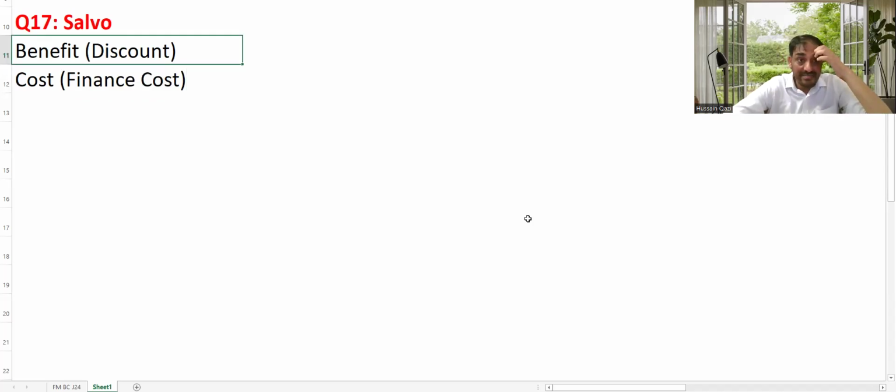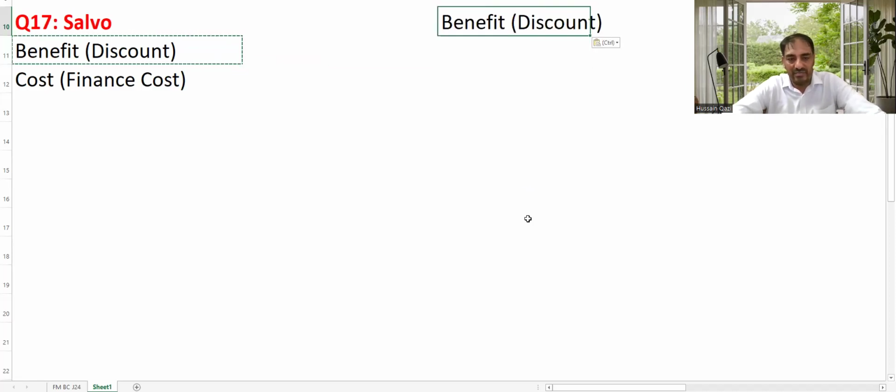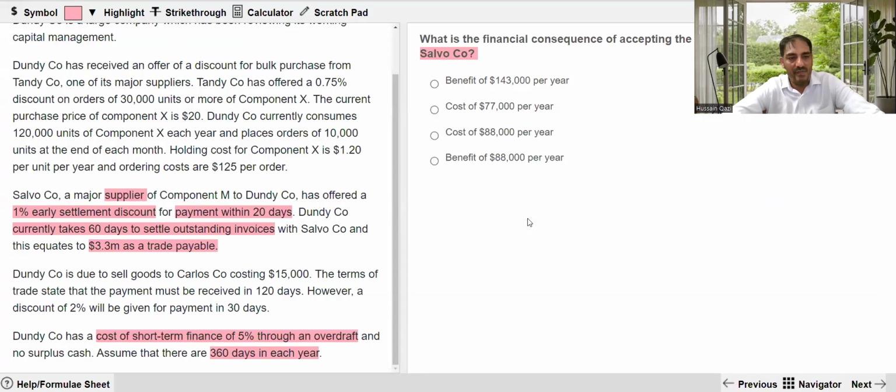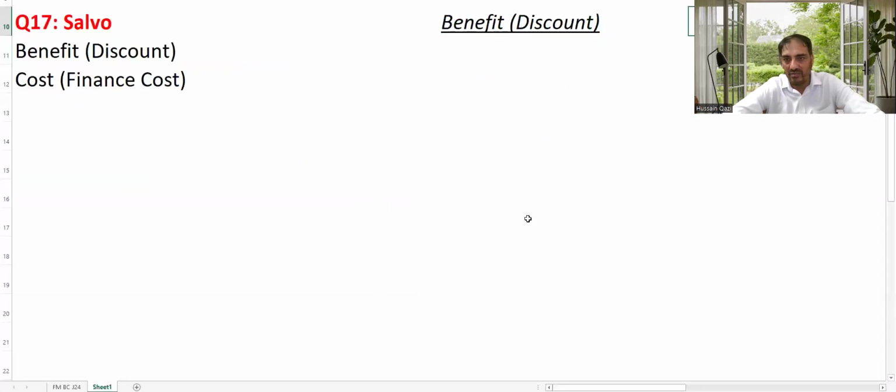Number one, the benefit is 1% multiplied by purchases. But here we don't know the amount of purchases.